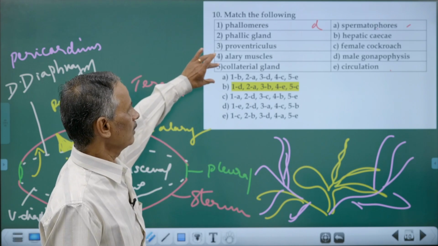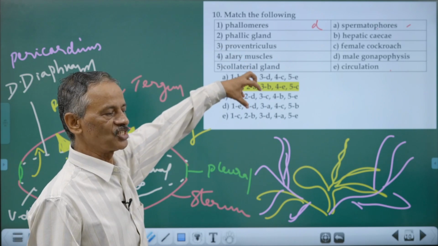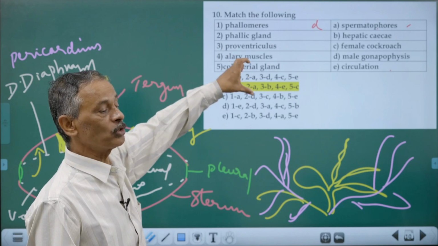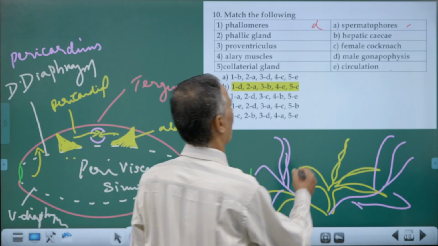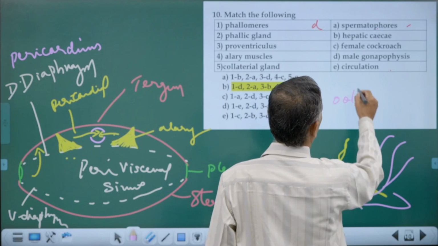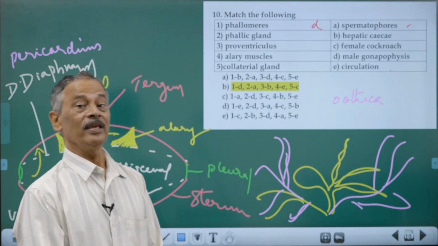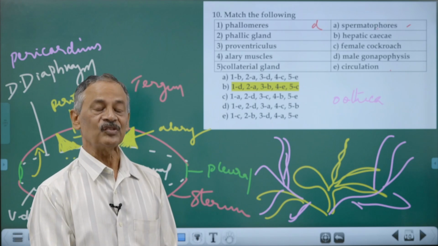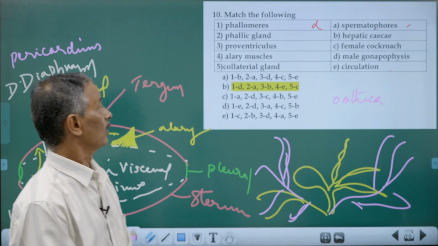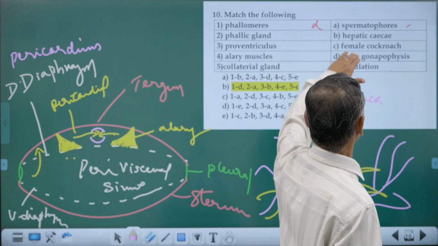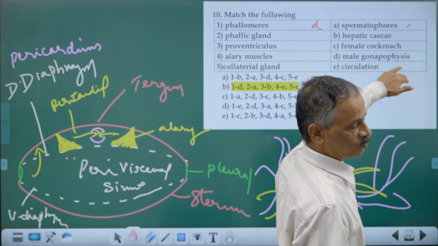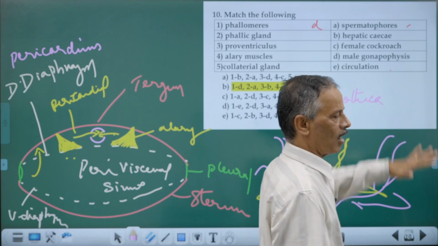These collateral glands are producing a secretion that will form the outer covering of ootheca. What is ootheca? Ootheca is the packet that contains fertilized eggs. So, it is present in female cockroach, that is responsible for the production of ootheca.